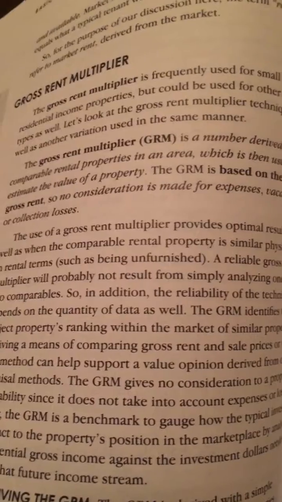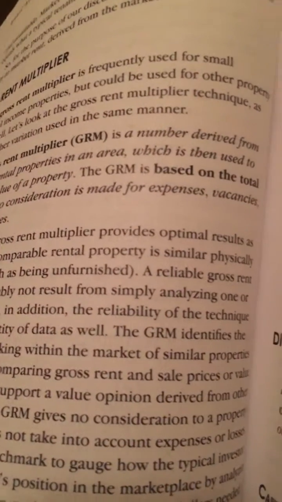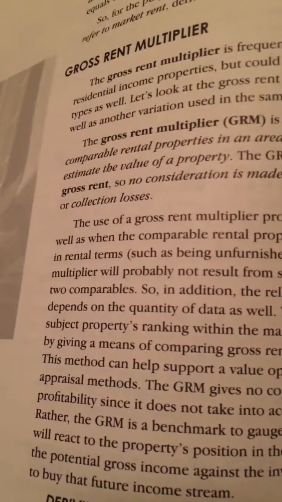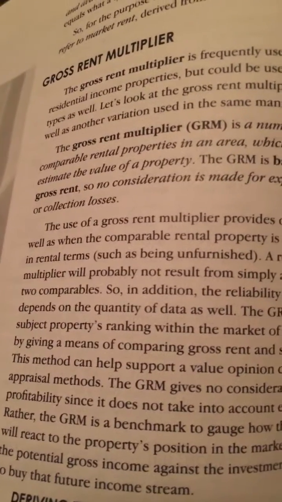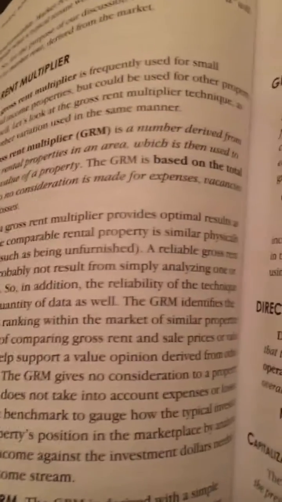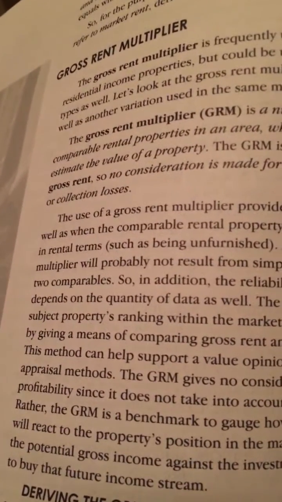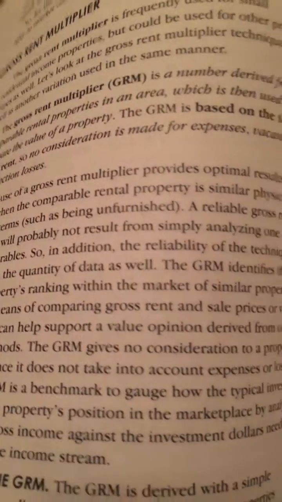A reliable gross rent multiplier will probably not result from simply analyzing one or two comparables. So in addition, the reliability of the technique depends on the quantity of data as well.